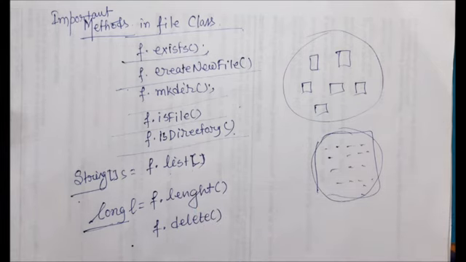So we have 8 methods. Out of these 8 methods, 6 have a boolean return type, except the list method and the length method, which are not boolean, right.